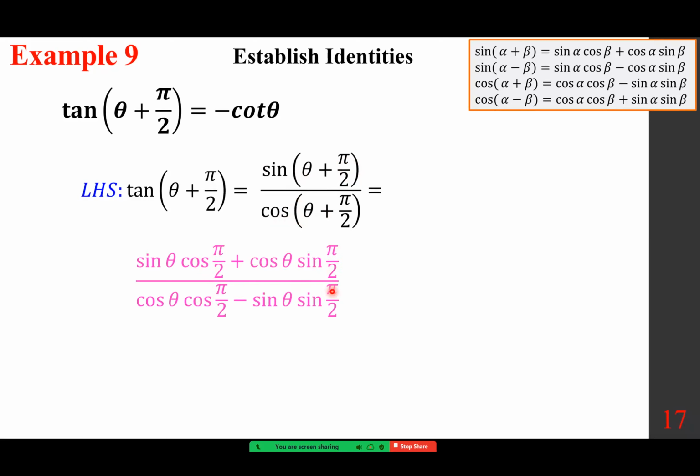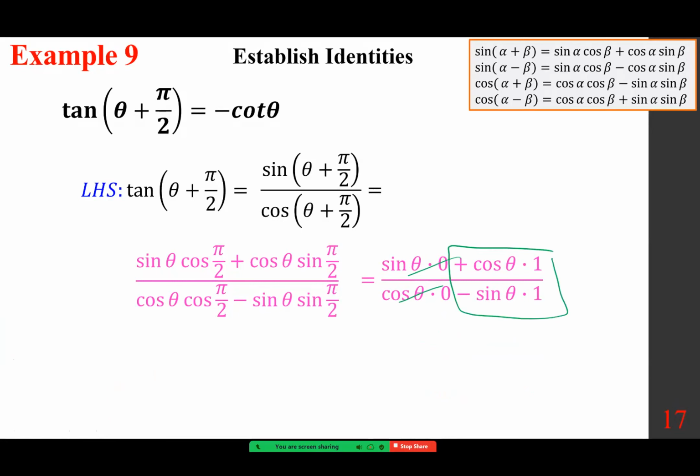Sine of pi over 2 is 1, these two are 1. So this is 0, this is 0, and this is left. Cosine over negative sine, which makes it negative cotangent theta.